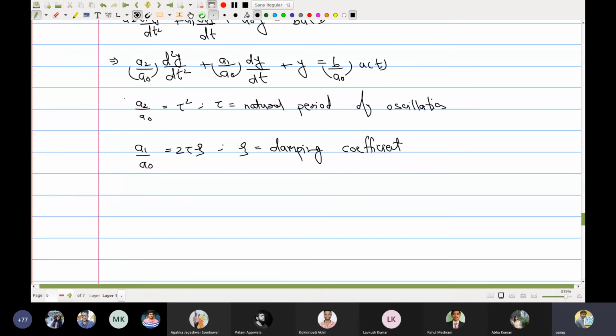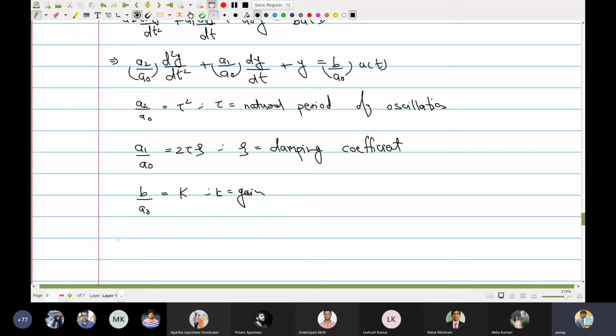And finally, straightforward, you have b by a0. This is k, which is again the gain of the system, right?